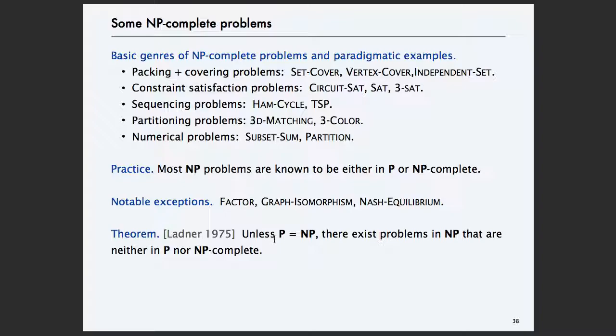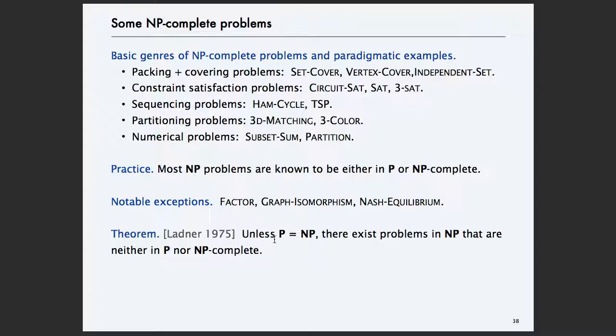Now, in practice, most of the problems that we have studied for a while, that we give a name, we know they're either in P or in NP complete, if they are in NP. There are a few that we don't know, like factoring and graph isomorphism and Nash equilibrium.